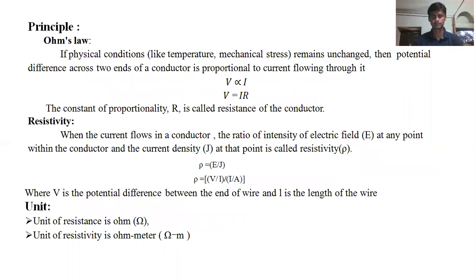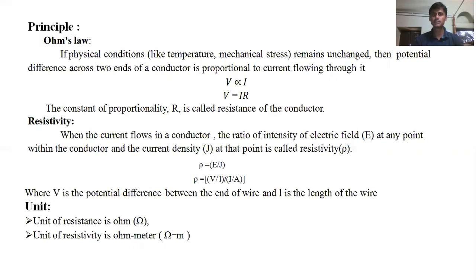Next, the principle of this experiment: Ohm's law. If physical conditions like temperature and mechanical stress remain unchanged, then the potential difference across the two ends of a conductor is proportional to the current flowing through it.